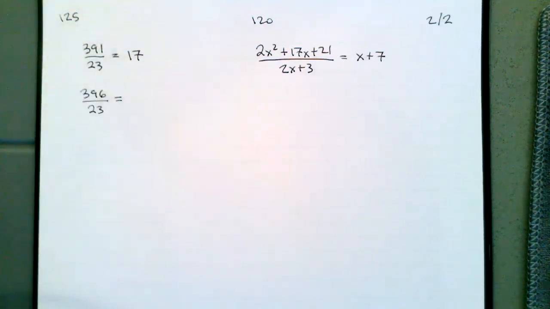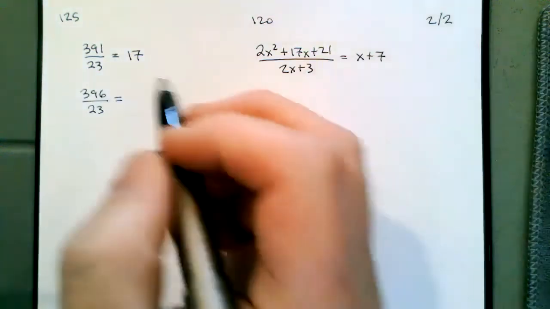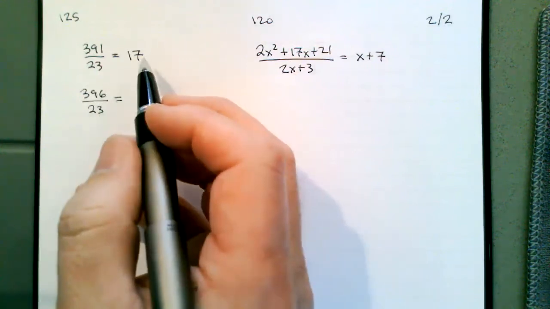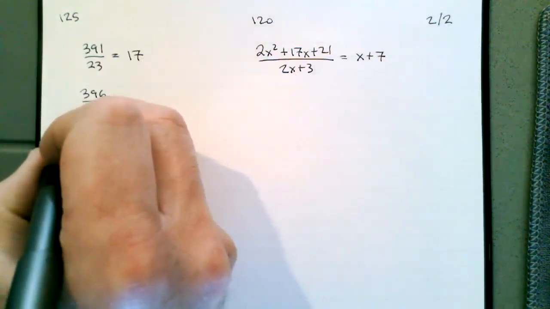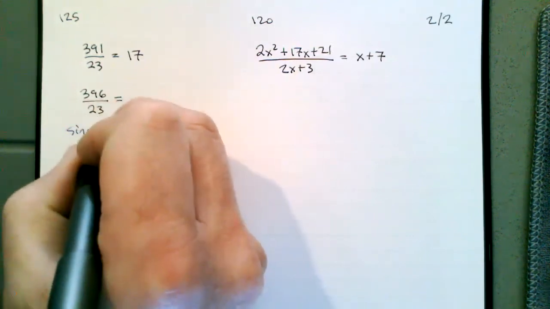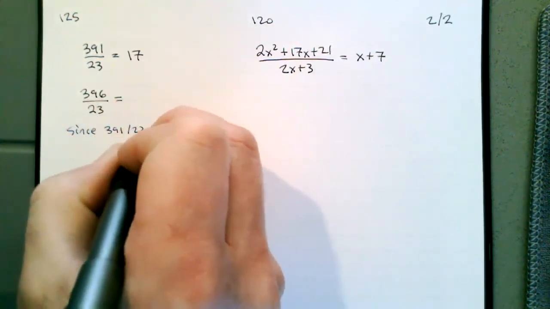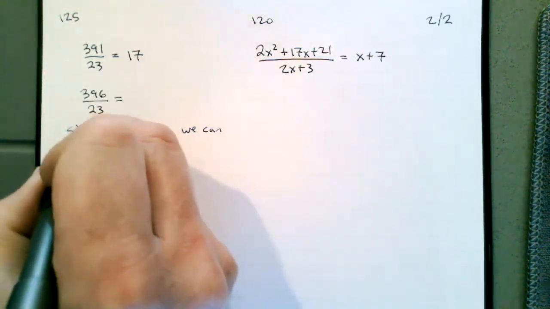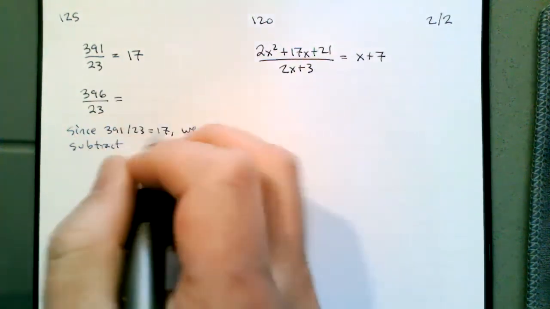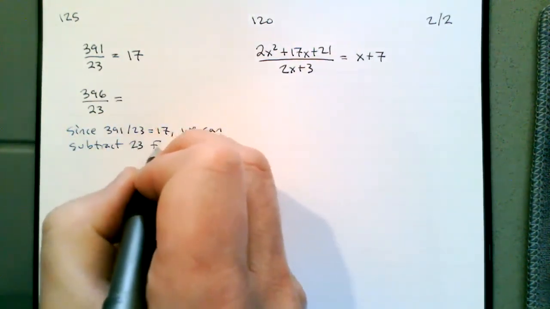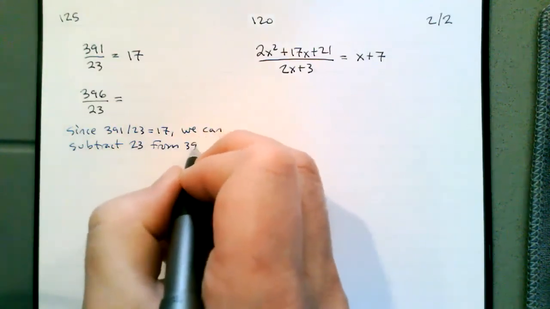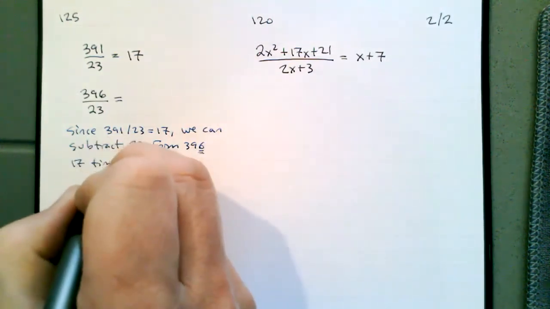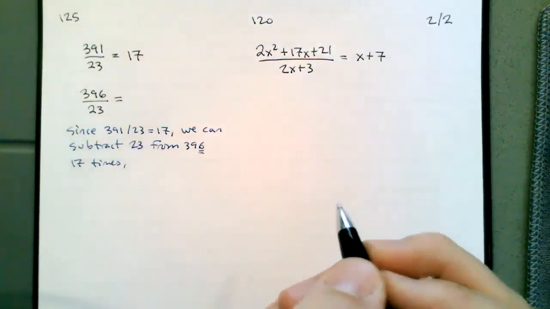Because we know that 391 over 23 is 17, because we already know this, we know we can subtract 23 from 396 17 times, and there will be 5 left over.